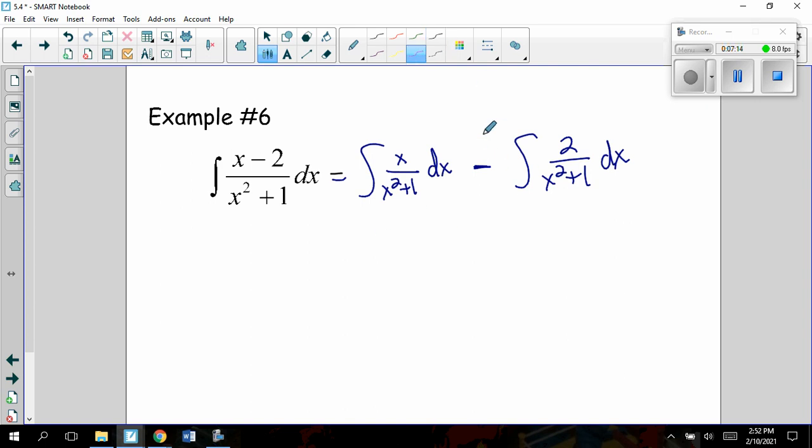Okay, and then I'm going to draw a little dotted line. What this dotted line represents is that now these integrals are separated, each one is just its own problem. This one is going to be done totally isolated, this side is going to be done totally isolated, and then at the end I'm going to subtract their quantities. This one needs my u substitution because I need that x squared plus 1.